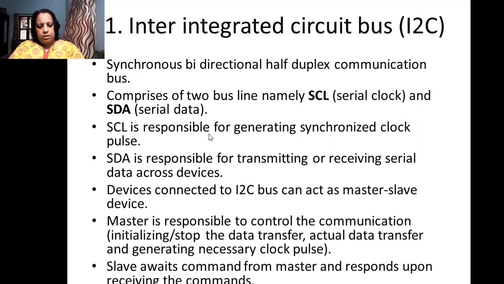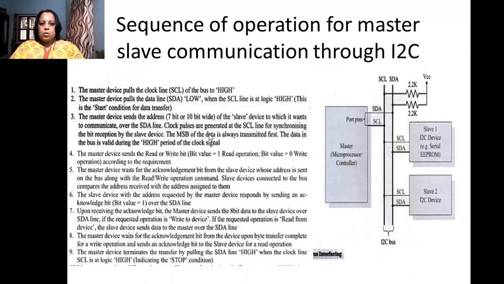Let us see an example of the master slave configuration through the I2C protocol. In this example we have one master, which may be a microprocessor or a controller, and we have taken 2 slaves connected to the bus.